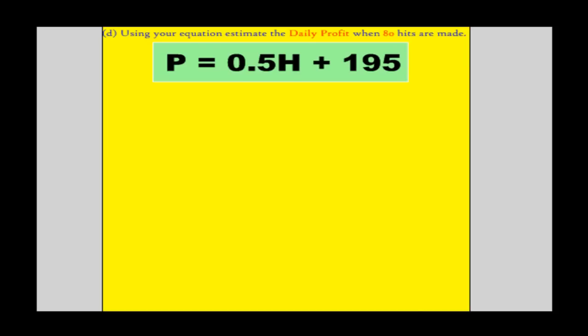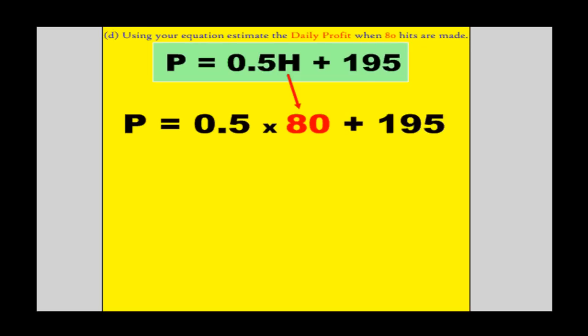Part D, we're asked, using your equation, estimate the daily profit when 80 hits are made. So we need to fit H is equal to 80 into this equation and work out the value of P. So P is equal to 0.5 times 80 plus 195. 0.5 times 80 is 40.